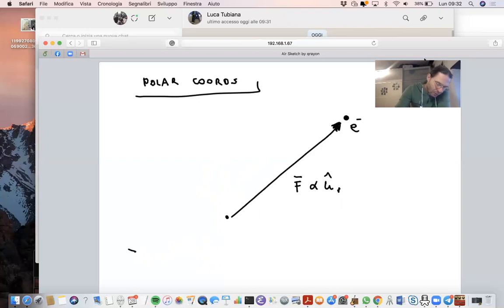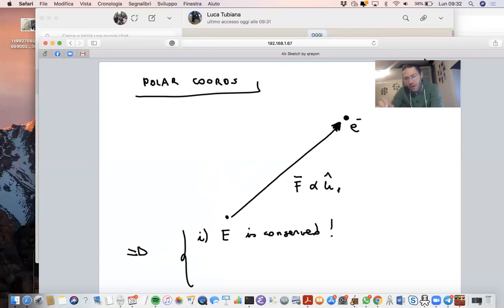But the centrality of the force, if you go back to our previous lectures, will imply two main results. The first result: the mechanical energy is going to be conserved. Why? Because remember, whenever you have a central force, the work exerted by this force on a particle does not depend on the path. And therefore you can define a potential energy, and combine the potential energy with the kinetic energy and conclude that the mechanical energy is conserved.